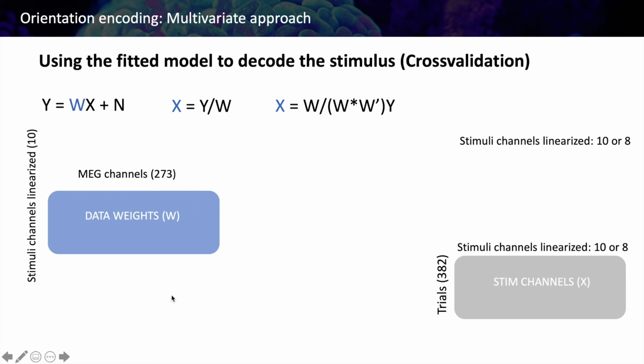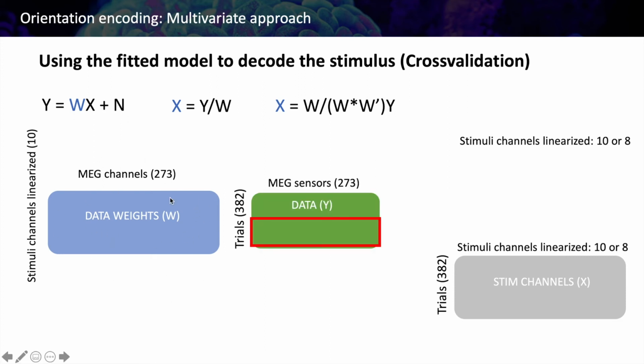Okay, so now we have our data weights here, and we multiply them with the actual data, which is what we do sometimes with classification, and then this is going to give us some predictions for the activity in the channels of the second half of the experiment.